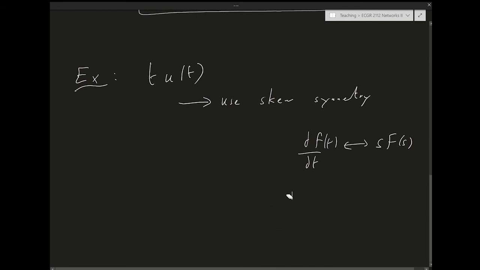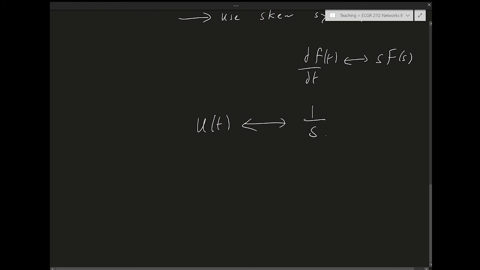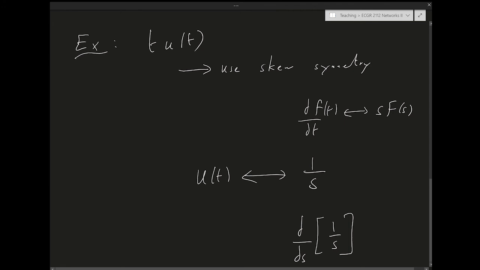Let me actually write it simpler. Let me just say, hey, u of t goes to 1 over s, right? Differentiate on the right-hand side, so d over ds of 1 over s. And using skew symmetry, we know that df by dt gives me s F of s.